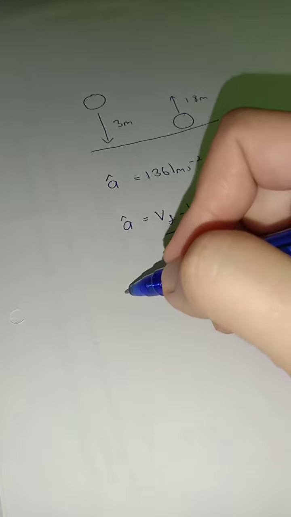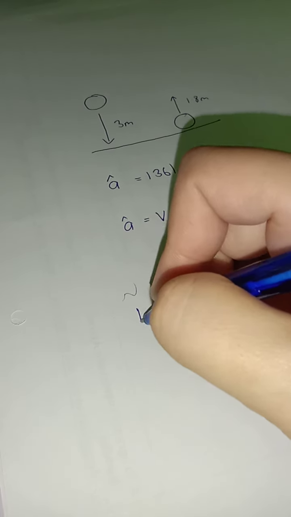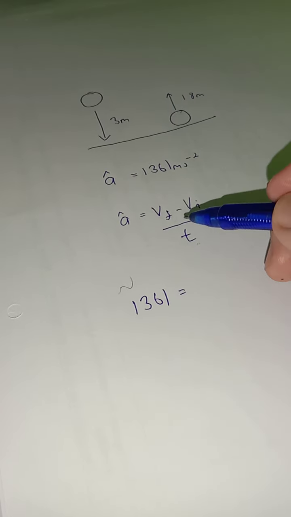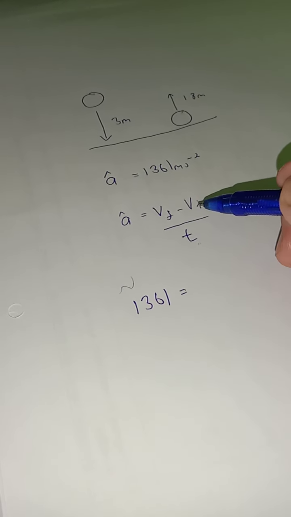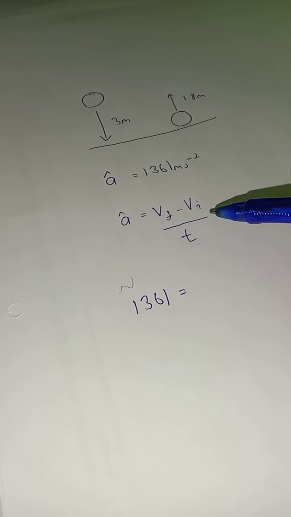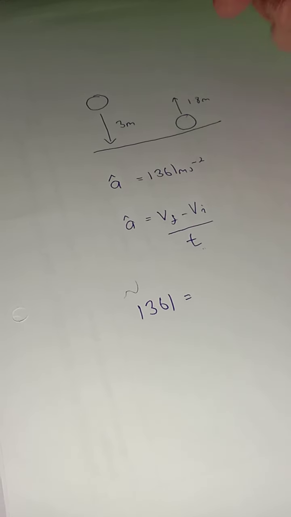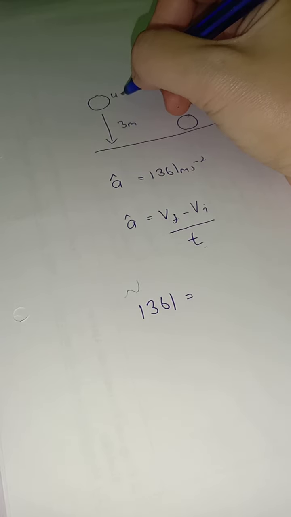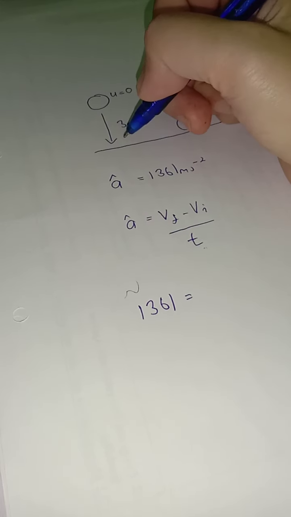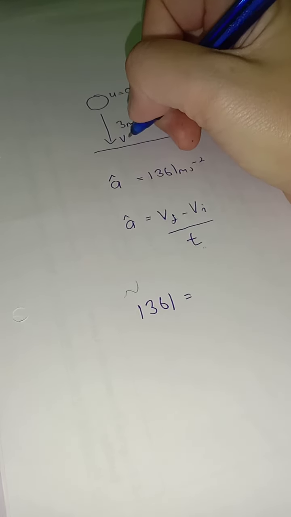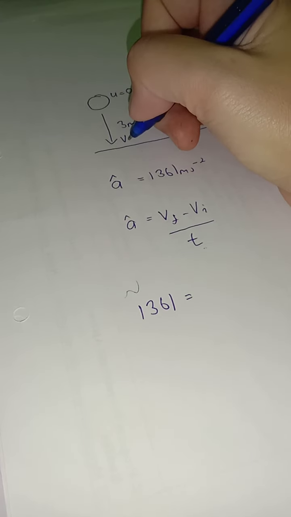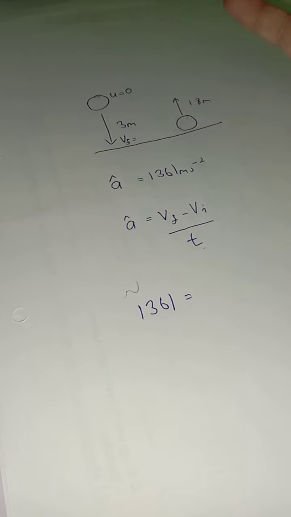So we already have the average acceleration, but we don't have V final and V initial. Where do we get them? We go back here. For this case, the initial velocity is 0, and when it hits the ground, it will reach a certain velocity that you need to find.